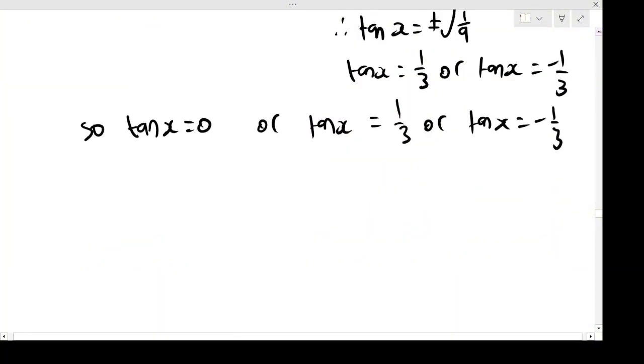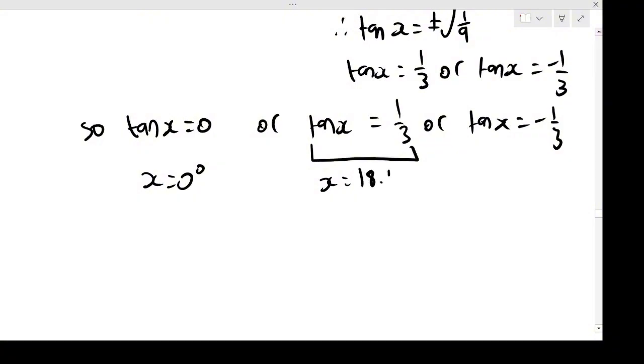And so then if I solve all these three individually, okay, this part first, inverse tan of 0 gets me x is 0. Then if I solve this one, inverse tan of 1/3 gets me x to be 18.434, and so on. Or then if I solve this equation, I'm going to get x is minus 18.434.